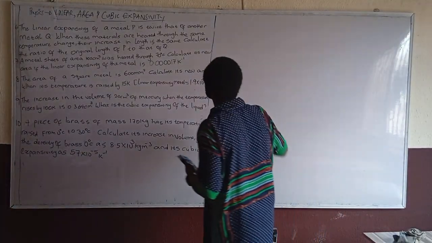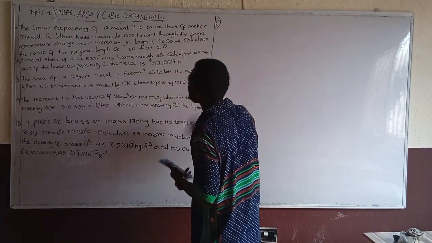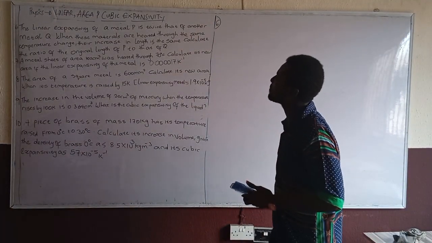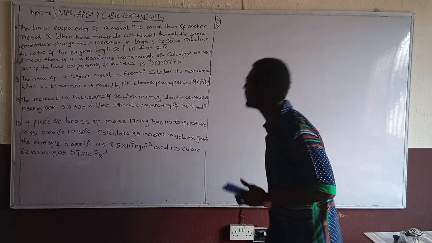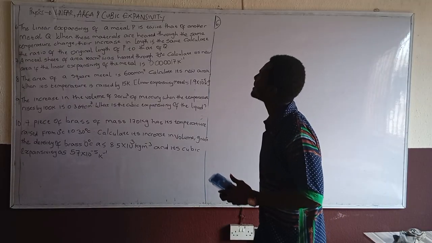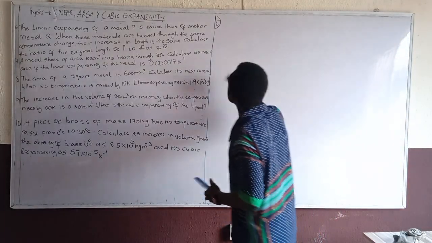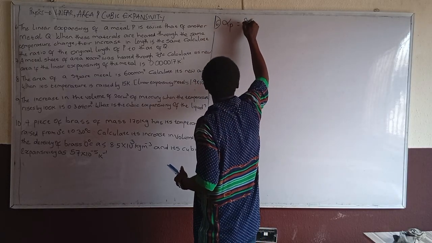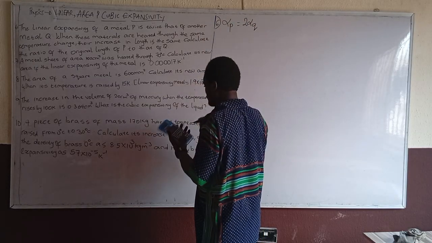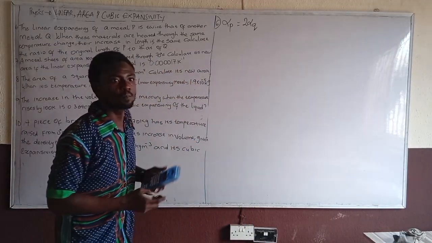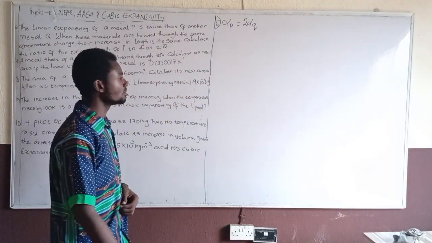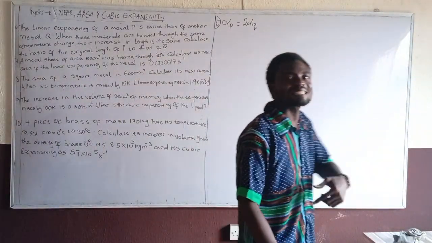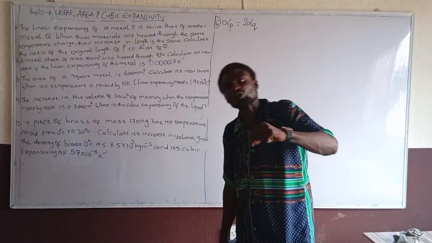For now, number 6. They said the linear expansivity of a metal P is twice that of a metal Q. Linear expansivity of P is twice of what? Of Q. That means P is 2Q. A father's age is twice the son's age.